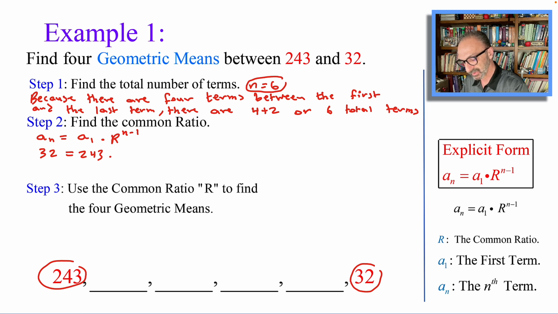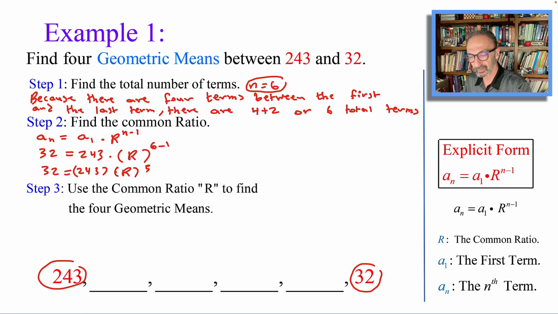So in this case I'm using n equals 6. So times r, which is unknown. That's what we need for step number 2, find the common ratio r to the power n minus 1, which is in this case 6 minus 1. That means we have 32 equals 243 multiplied by r to the power 5.